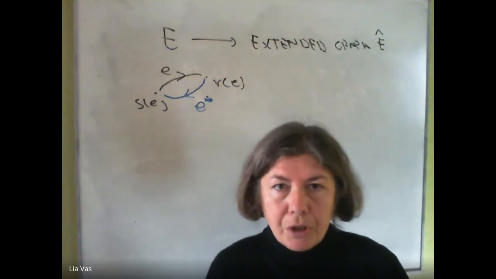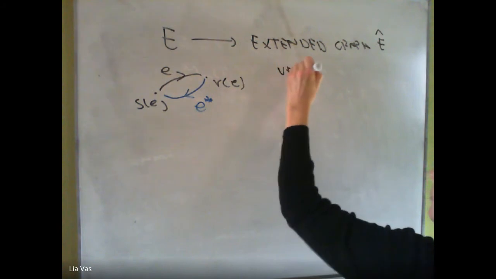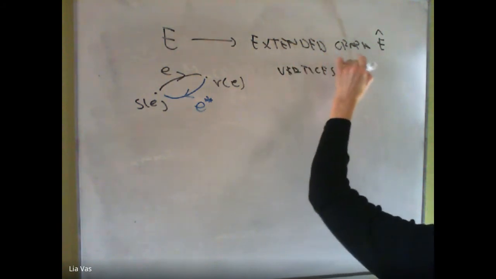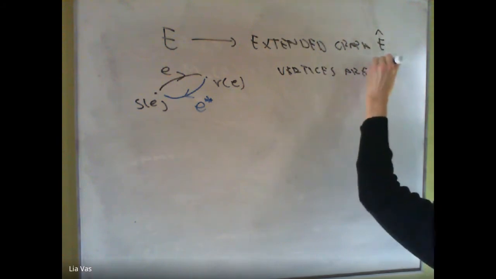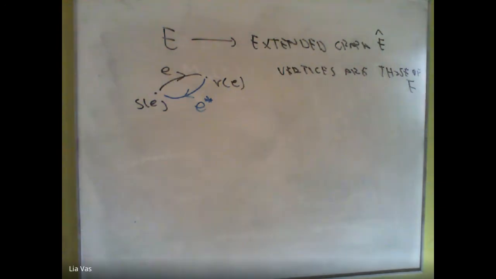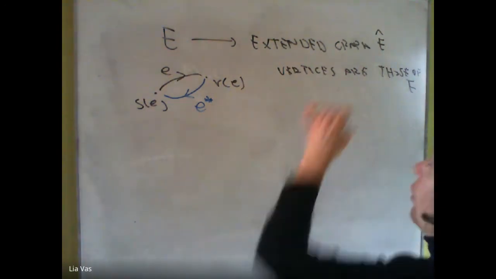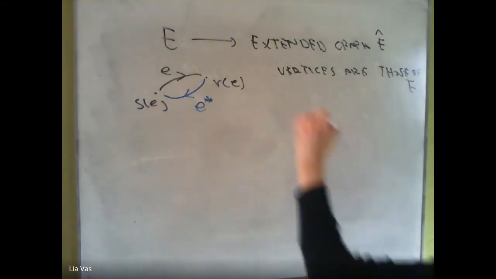So the vertices of E hat are the same. I will say vertices are those of E, so E^0 of this is E^0 of that. I didn't add anything there.